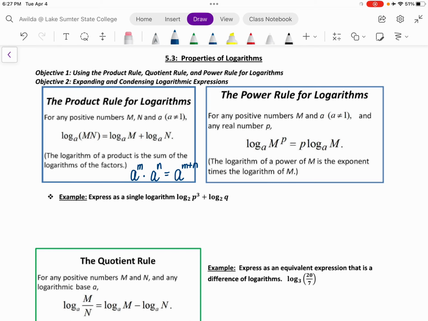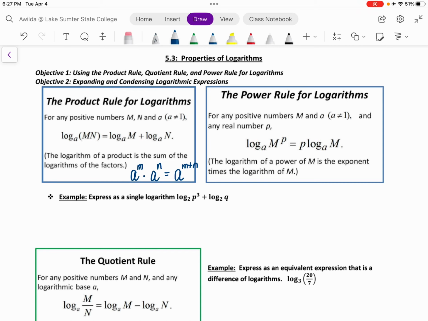The next rule is the power rule for logarithms, which states that for any positive numbers m and a, where a is not 1, and any real number p, the logarithm base a of m raised to the p power is equal to p times the logarithm base a of m.